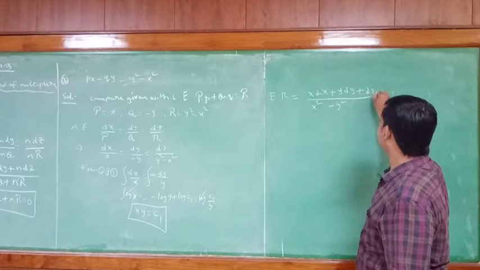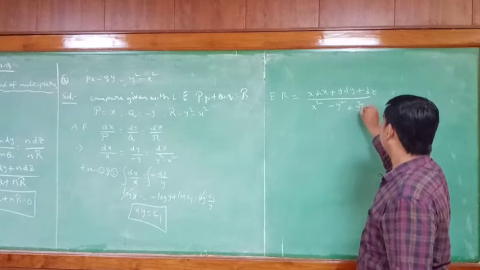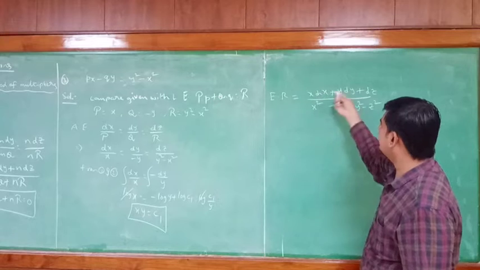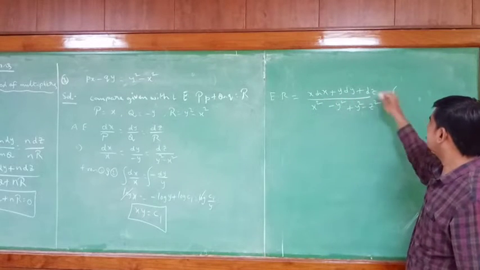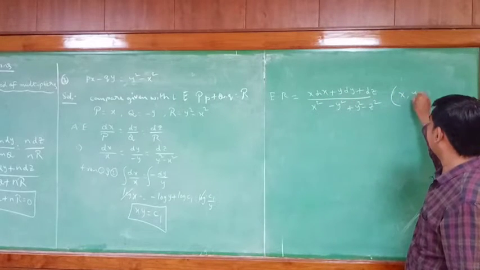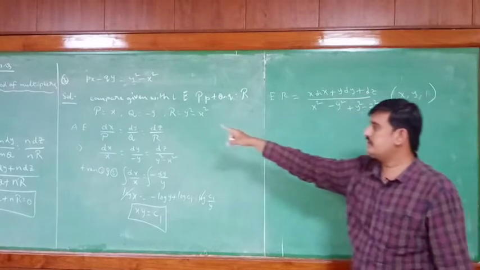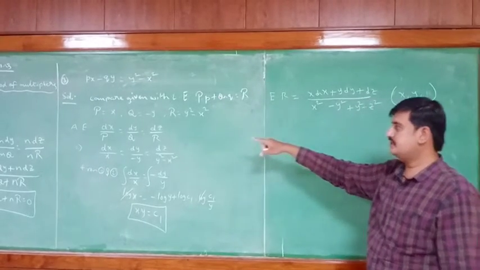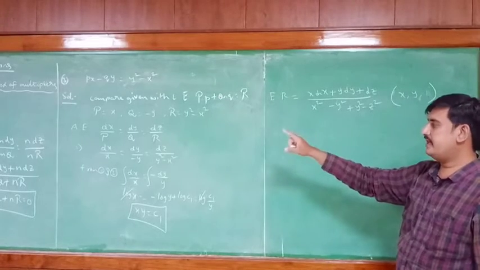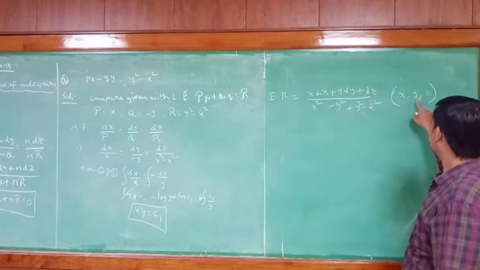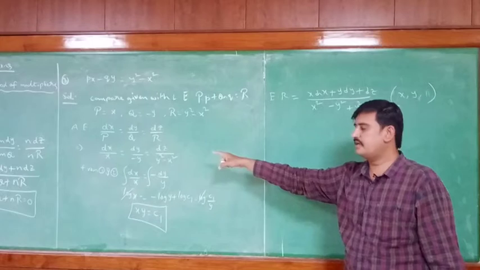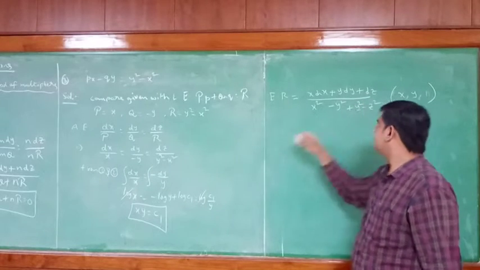So, dz plus y square minus x square. If you want, you can write it here in the bracket. First one with x, second one with y, and third one with 1. We multiply numerator and denominator with x for the first ratio, second one with y, and third ratio with 1.